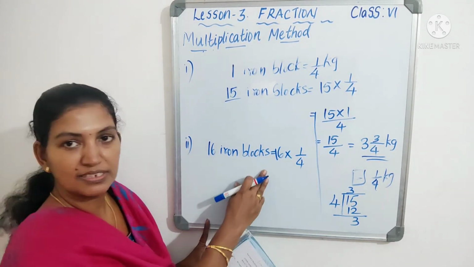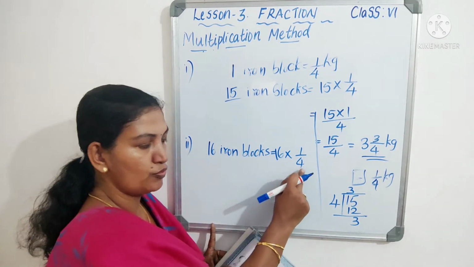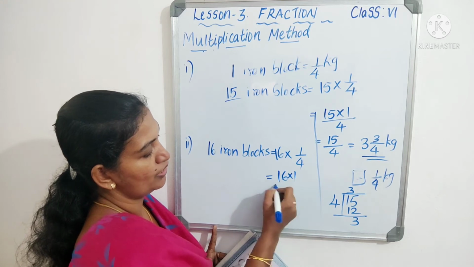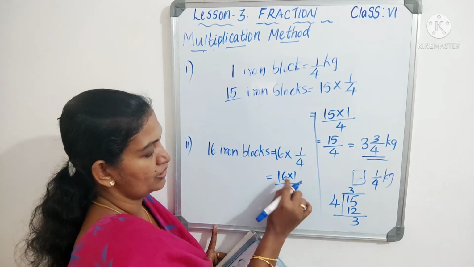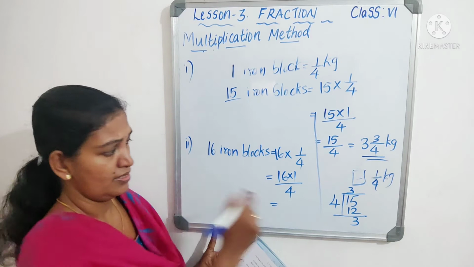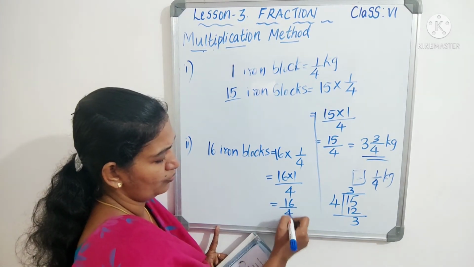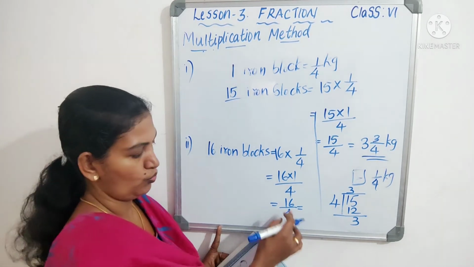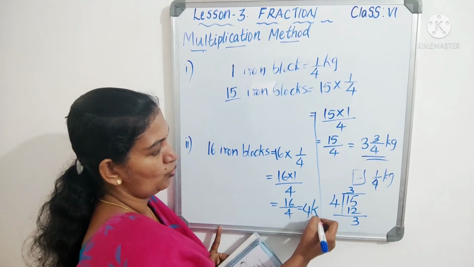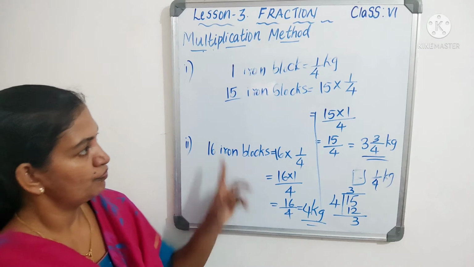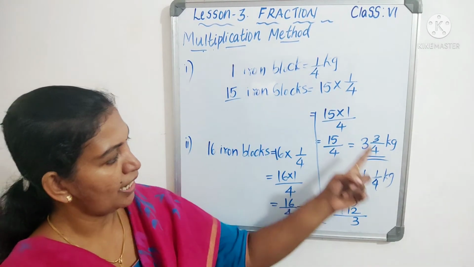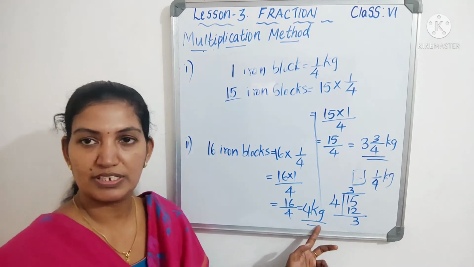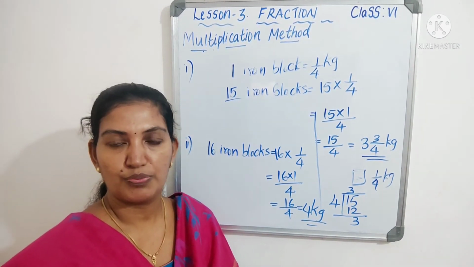The weight of 16 iron blocks is equal to 16 into the weight of 1 iron block. 16 into 1 divided by 4, that is 16 divided by 4. If you divide 16 by 4, we get 4. 4 4s are 16. So 4 kg. So the weight of 15 iron blocks is 3 3/4 kg and the weight of 16 iron blocks is 4 kg. Understood all of you?